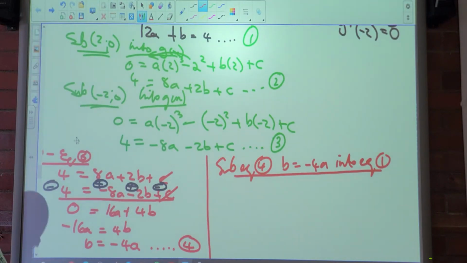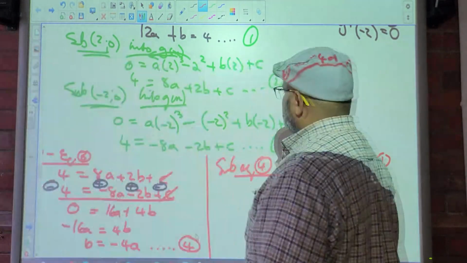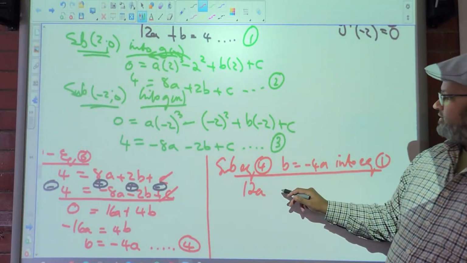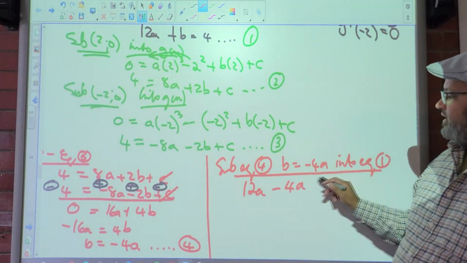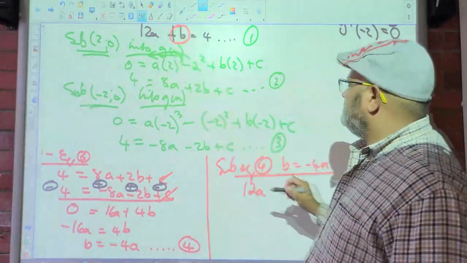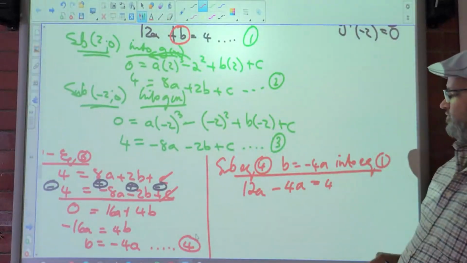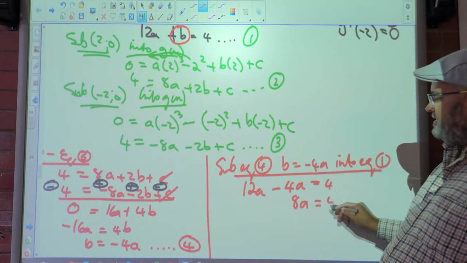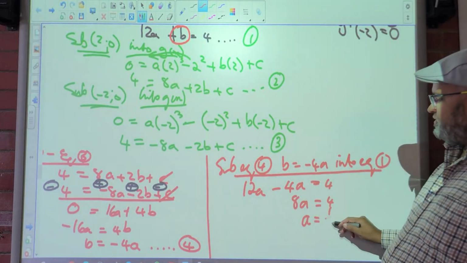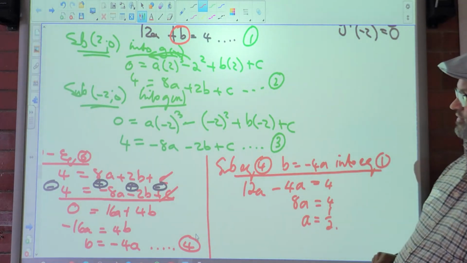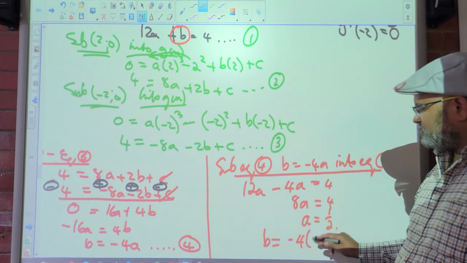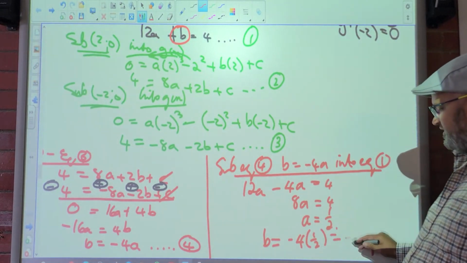Equation 1 is 12a, so it will be 12a minus 4a. Why minus 4a? Because that's your b value. It is equal to 4. What is 12a minus 4a? 8a. So a is then equal to half. But remember, b is negative 4 times half, which is negative 2.